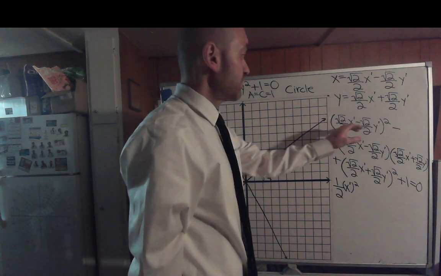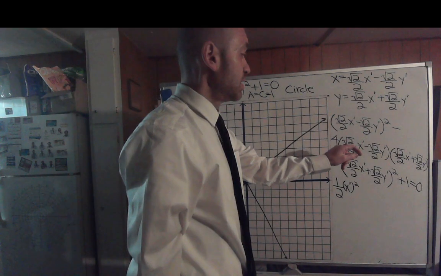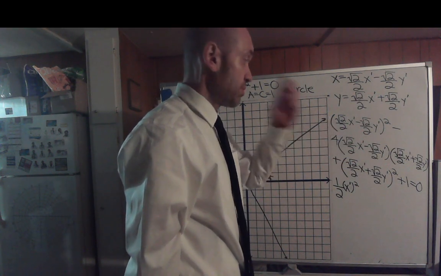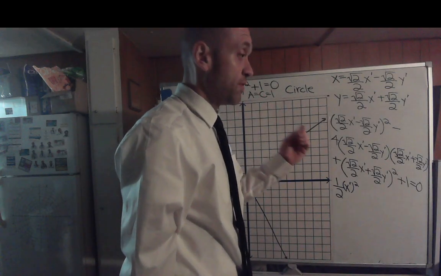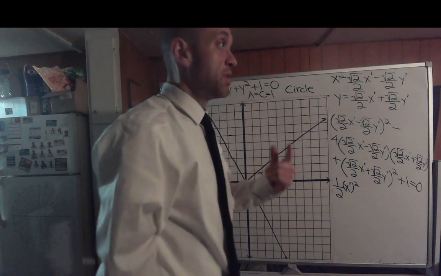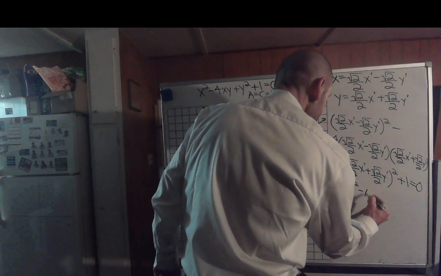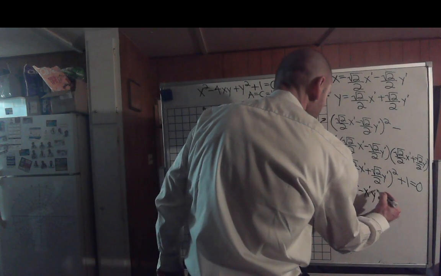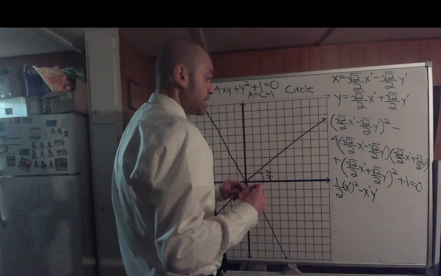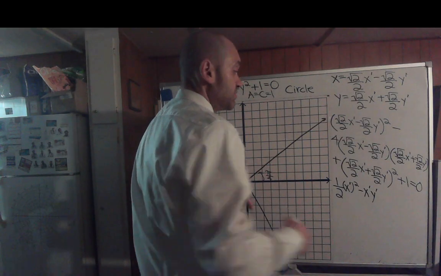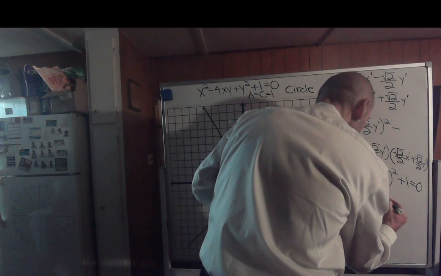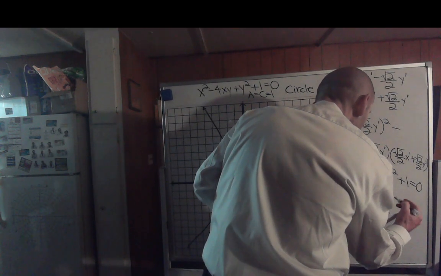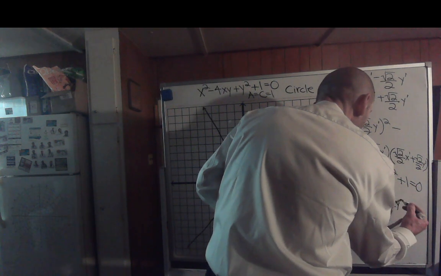So, square root of 2 over 2 times the same number, that would again be 2 over 4. Multiply that, you get 4 over 4, which is 1. So this would end up being minus x prime y prime. And then if you square the final term, you'd have 2 over 4, so that'd be plus 1/2 of y prime squared.